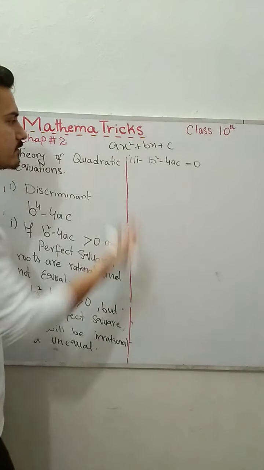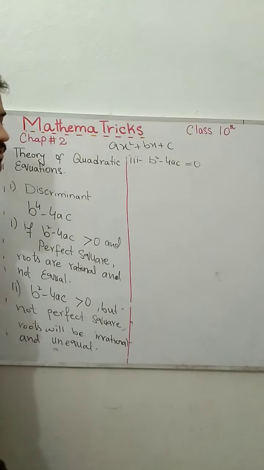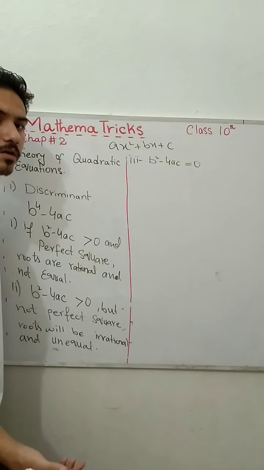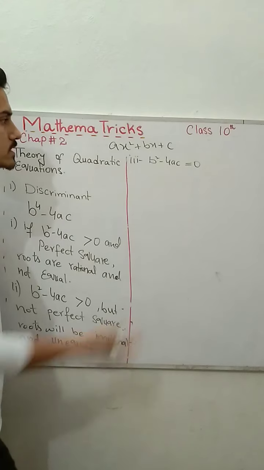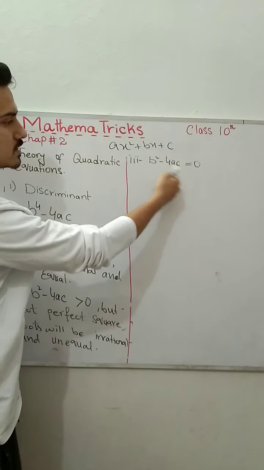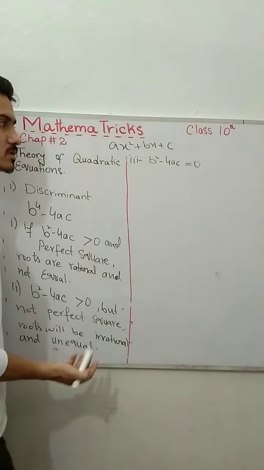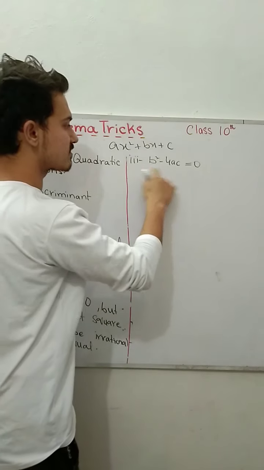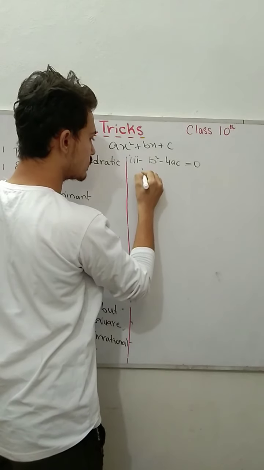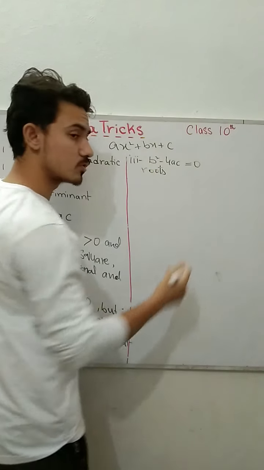You are given a, b, c in any question. If you want to find the nature of the roots, just take a, b and c, put the values in the discriminant and check your answer. Third one: if your discriminant is equal to 0, the roots will be equal.